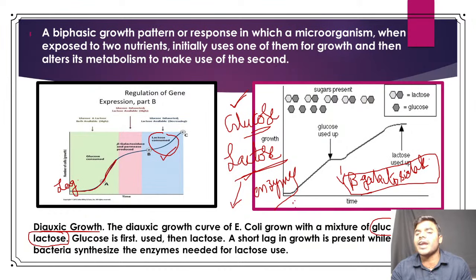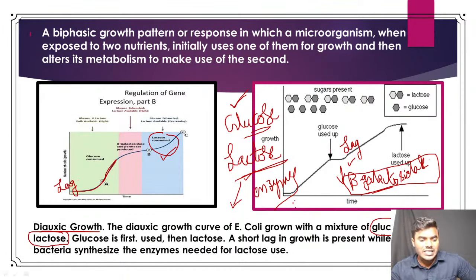It takes a greater time. Every student, please remember, the bacteria has to wait for a certain time to synthesize the enzyme beta galactosidase. Hence, a second lag phase will be observed in the same culture.